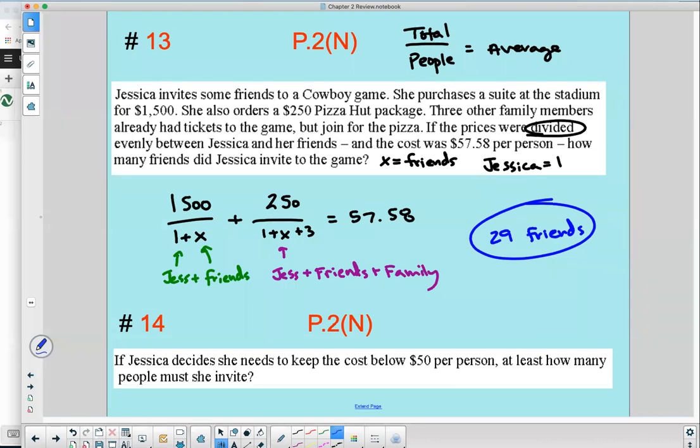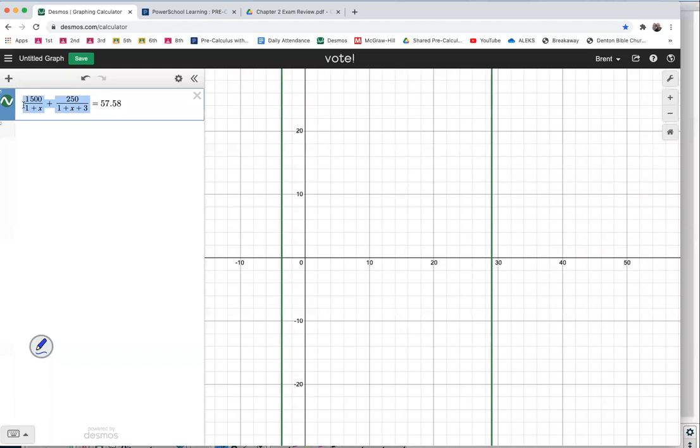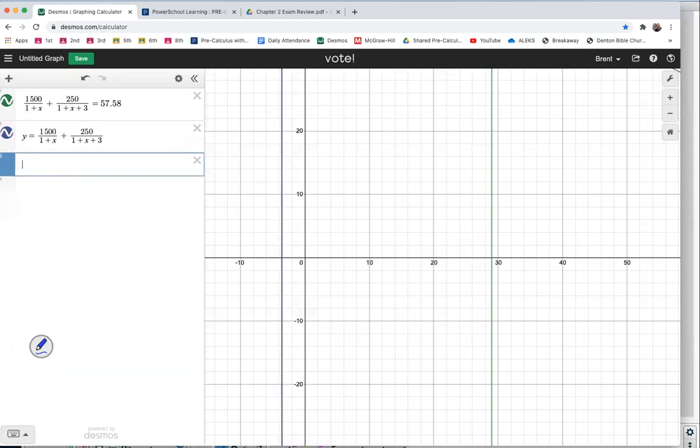Now, how can you do that another way without zooming in on the calculator? If you can't see the number very easily, you can divide the equation up. Come on, what happened to my computer? And you can do y equals the left side and y equals the right side, like that.